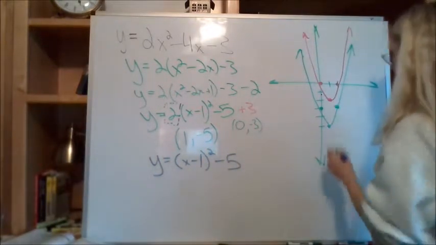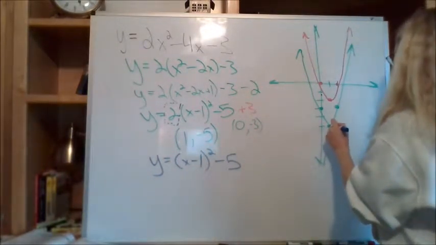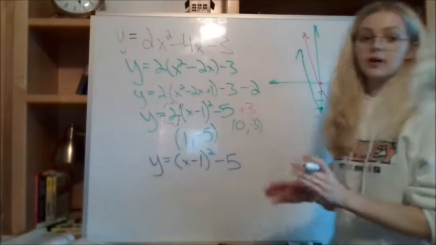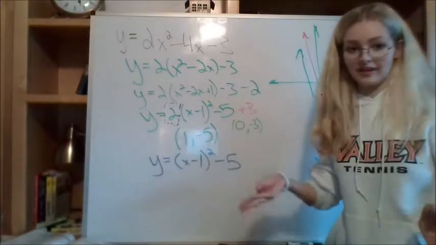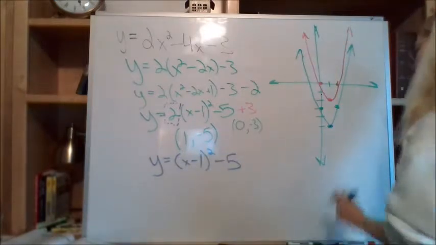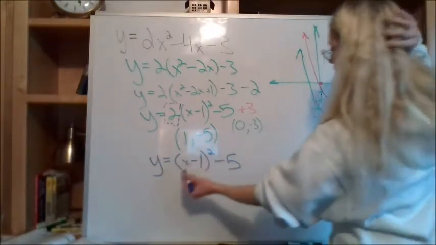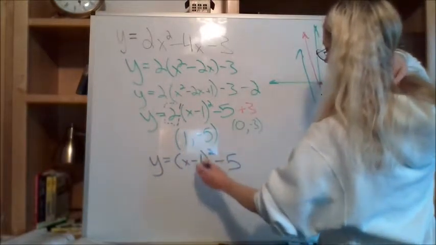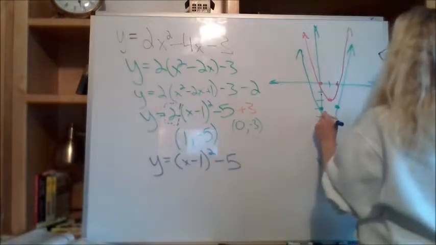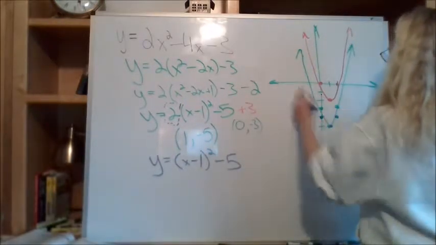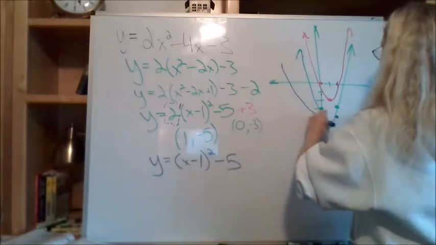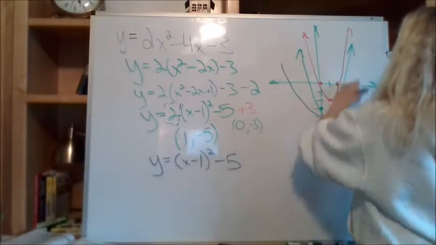Well, we'd still have the same vertex, but this parabola would go up less fast. So, for example, if we plug in x equals 0, we get negative 1 squared, which is 1, minus 5. That's negative 4. And negative 4 over here, too. So, we're looking at something like this.